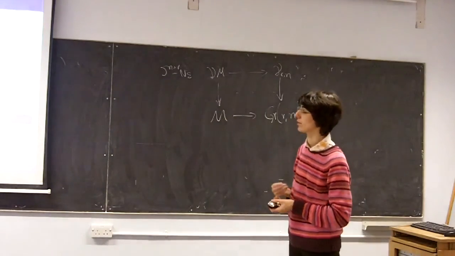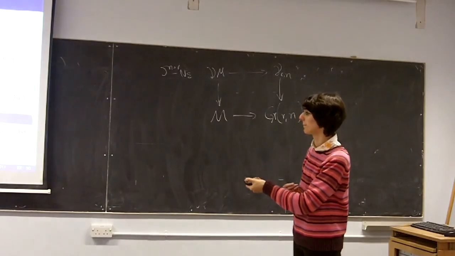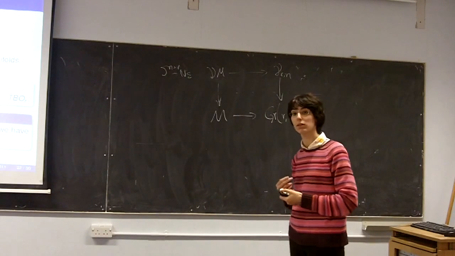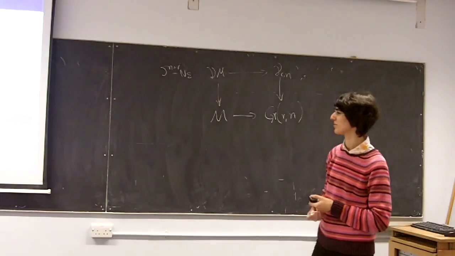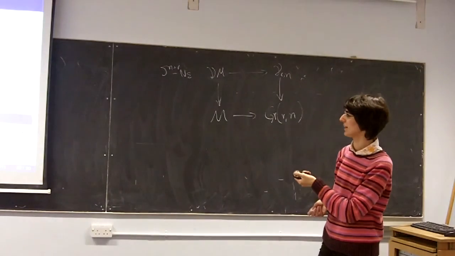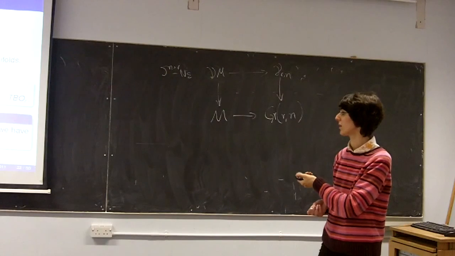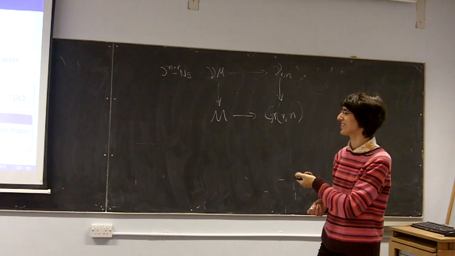And that's the map that you have over here. So that should be fine. Is it okay? And then the next is just the inclusions that we saw before, and then we arrive at our famous notation.